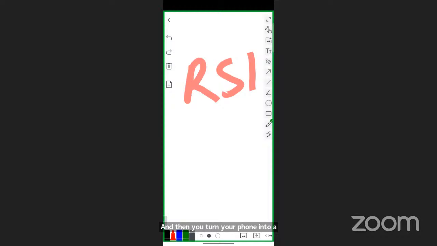So this stands for Relative Strength Index. It shows the strength of buyers, and it also shows the strength of sellers in the market.